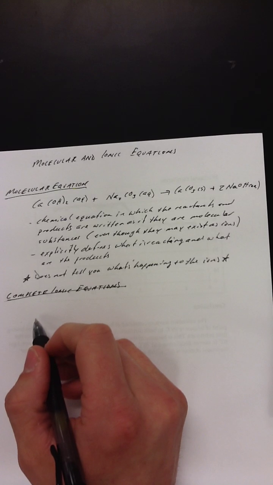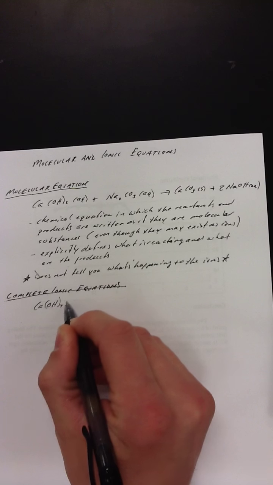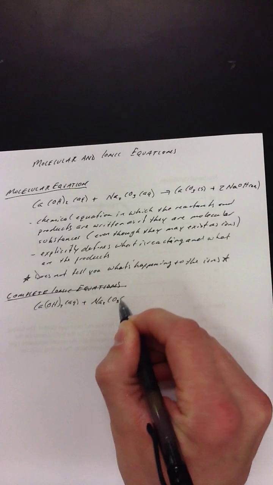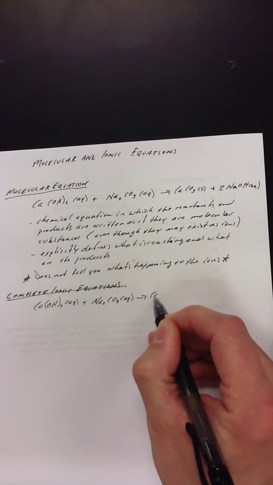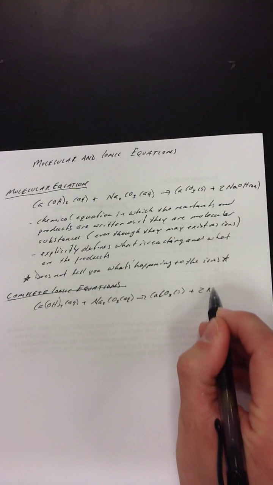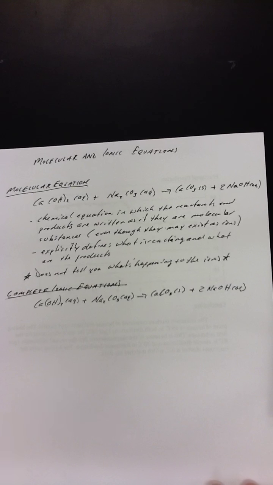Again, consider the reaction of calcium hydroxide and sodium carbonate. According to our rules in the table that we give, the solubility rules, both are soluble ionic substances. So let's write this out again. We've got calcium hydroxide, which is aqueous, and sodium carbonate, which is also aqueous, to yield calcium carbonate, which is solid, plus sodium hydroxide, which is also aqueous.